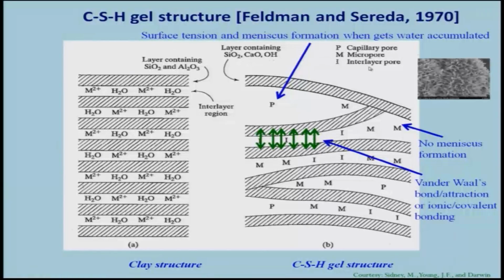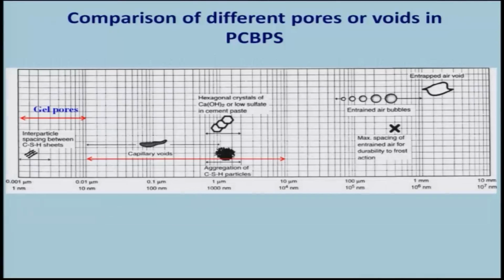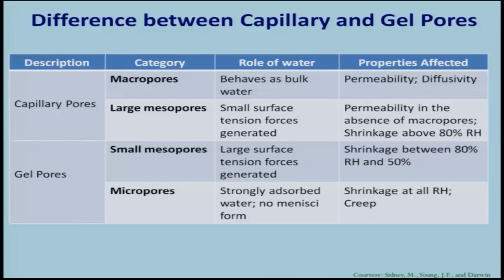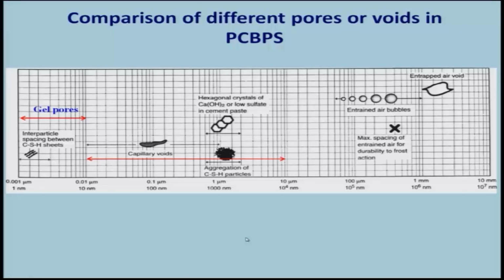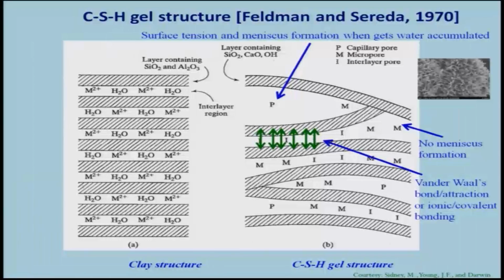So if you get back to some previous slides that we have discussed, here we have discussed micropores and interlayer, primarily distinguished based on the size of pores. And the difference between the interlayer pore and the micropore is actually the force.